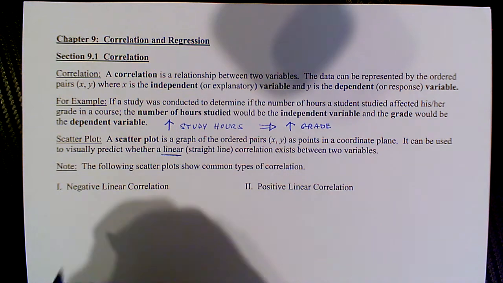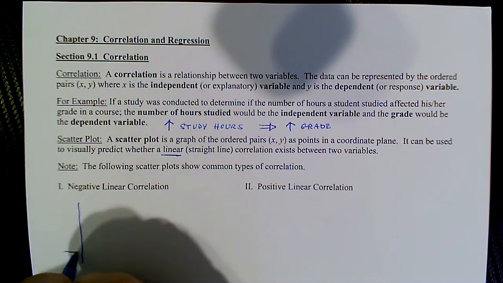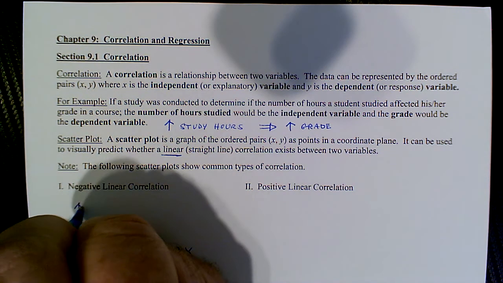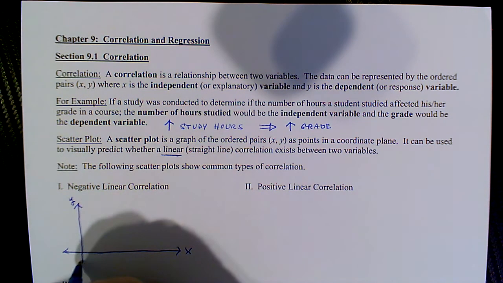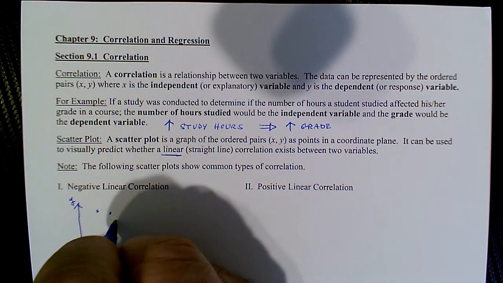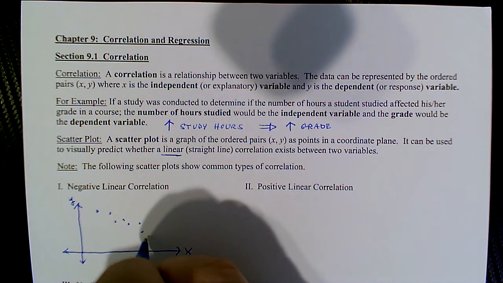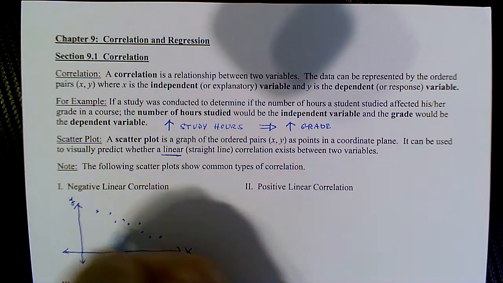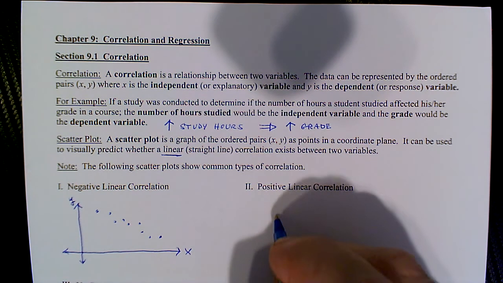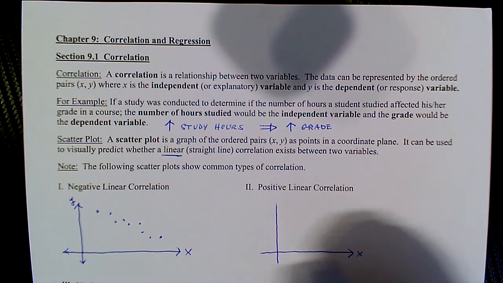So for example, a negative linear correlation, when we say positive or negative, we're referring to the slope.